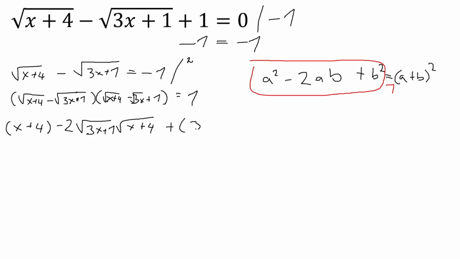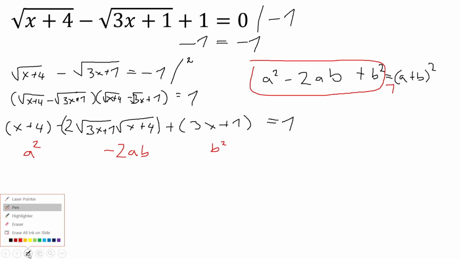Plus 3x plus 1 is equal to 1. And you can put this in the parentheses if you want to, just so that it's a little bit nicer. So this essentially would be our a squared, this would be our negative 2ab, and this would be our b squared. Feel free to pause the video and to think about that for a moment.